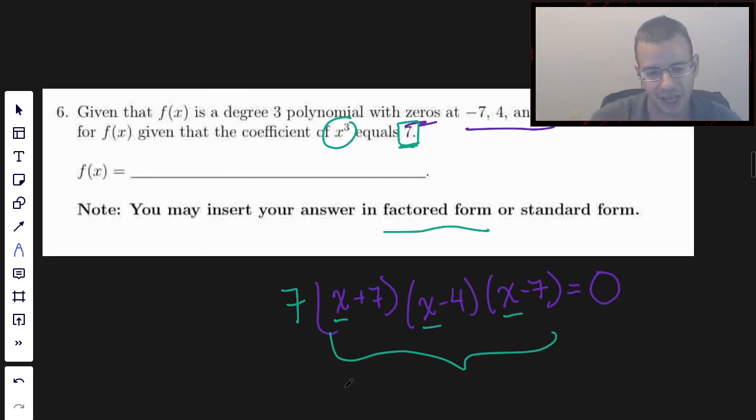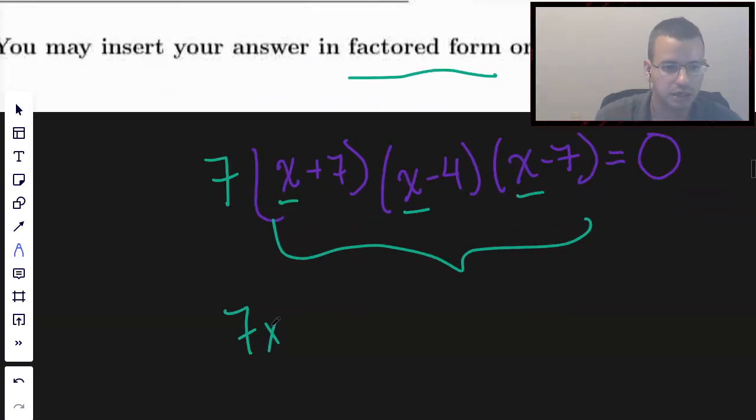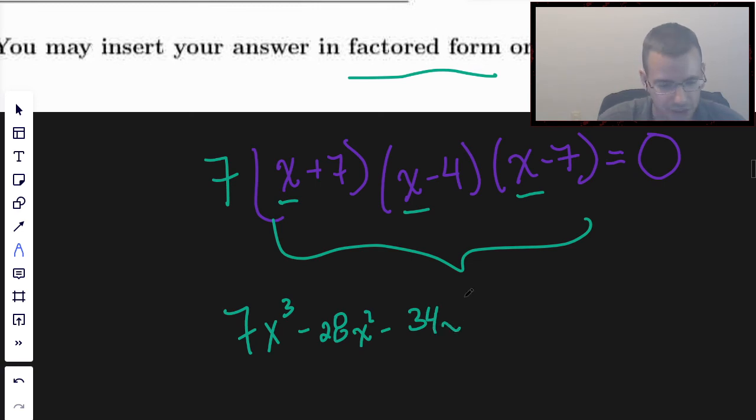And when we multiply this out, this will be the same as, let's get the alternate forms, 7x cubed minus 28x squared minus 343x plus 1372 equals 0.